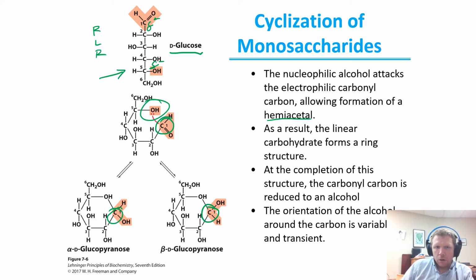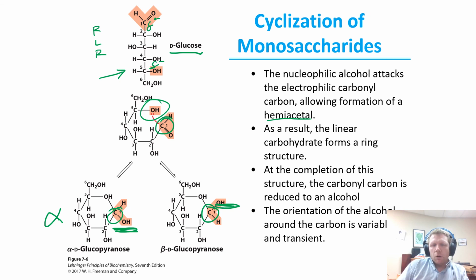This right here would be my example of down, and this right here would be up. So alpha D-glucopyranose has an OH group pointed downward versus beta D-glucopyranose has it pointed upward.